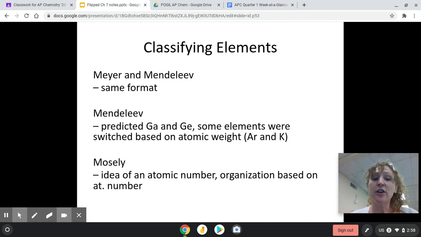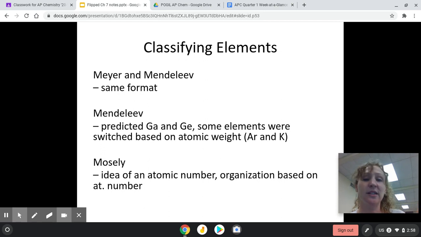There was a third person, Moseley, who was also trying to organize the periodic table, but he organized the periodic table based on atomic number instead of atomic weight. And so he actually kind of took the lead, he had an advantage over those other two, because if you look at atomic weight, there are a couple of elements that get flipped.